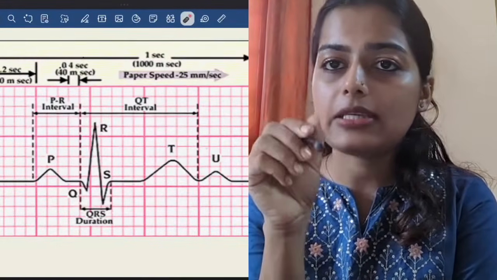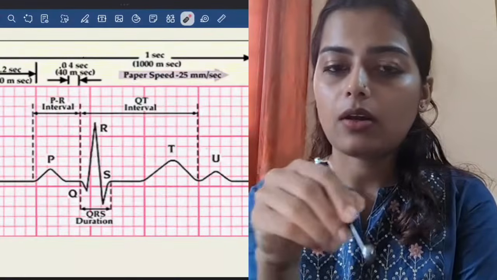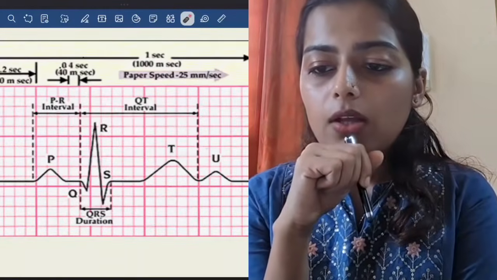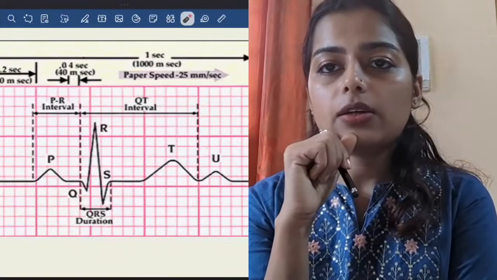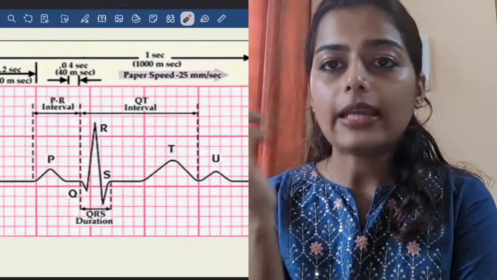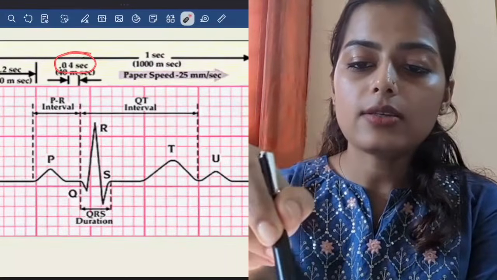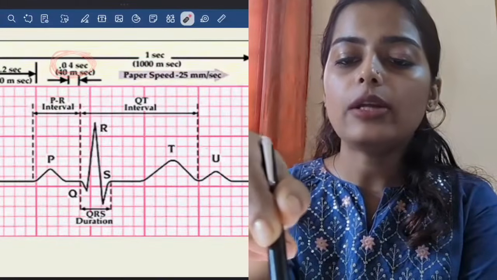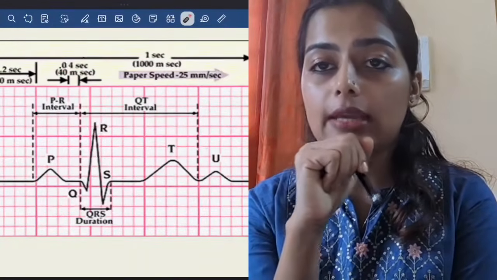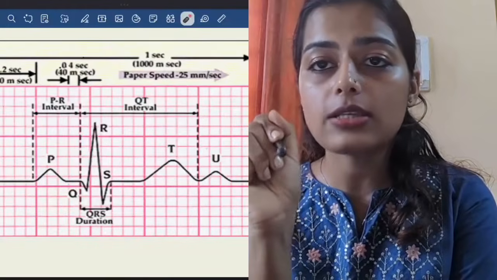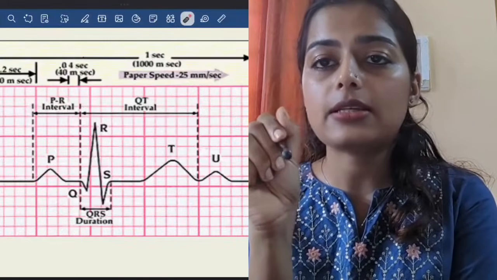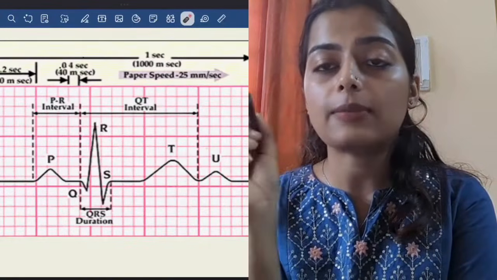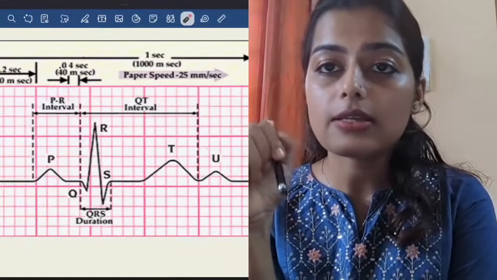That is the calibration speed. So what does 1 millimeter represent in seconds? While calculating that, you get 0.04 second. So 1 millimeter is equal to 0.04 second. That is the smallest box in an ECG. The length of that small box represents 0.04 second.